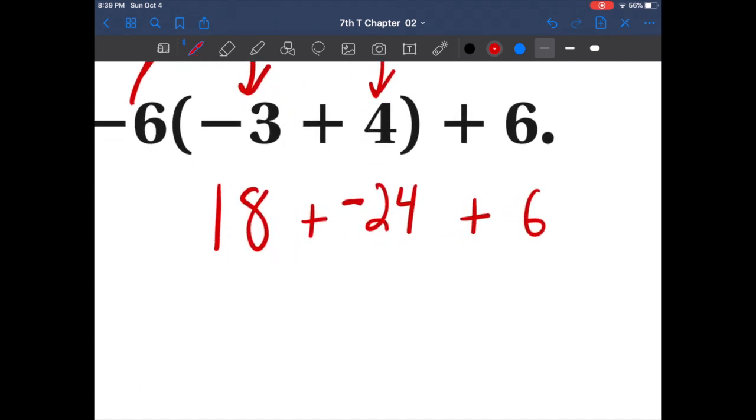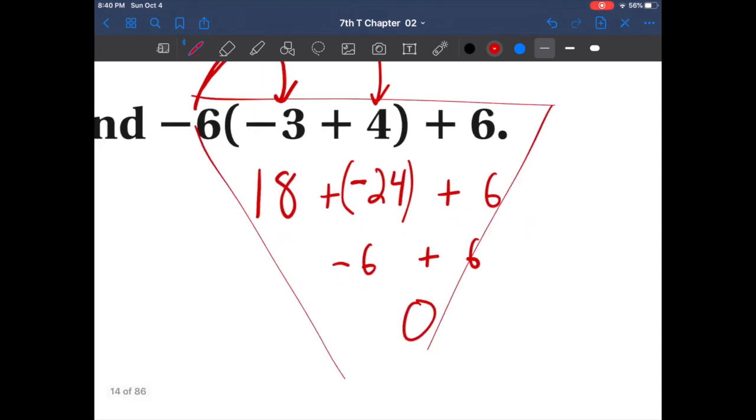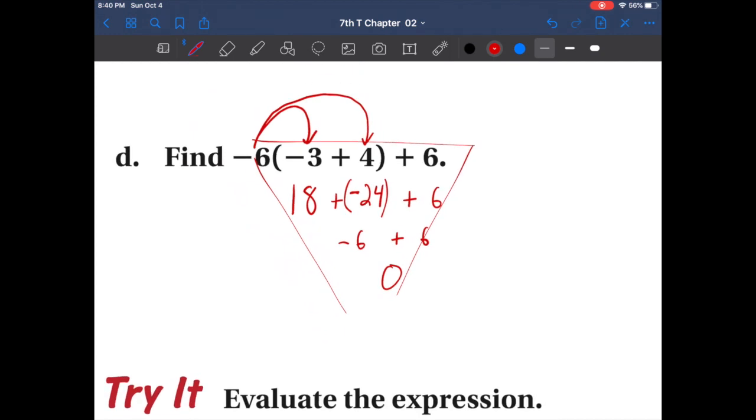Well, we have 18 minus 24, right? 18 minus 24 would give us different signs, so we need to subtract. That gives us -6, because we have more negatives than positives, plus 6. We'll still get 0. So both ways work. It just depends on which one you think is easier to solve.